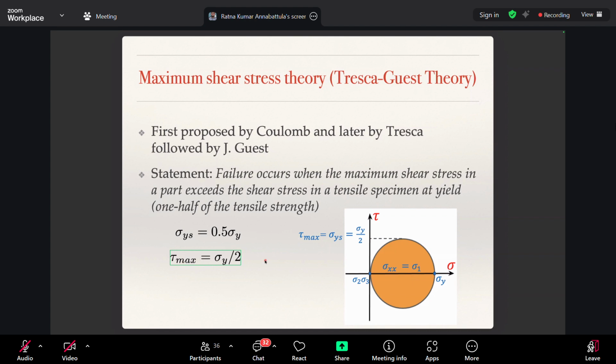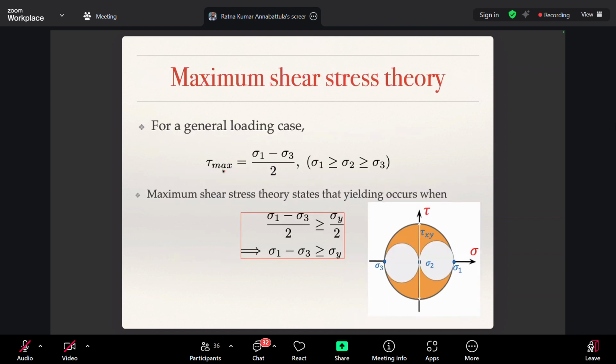In a 3D state of stress, when sigma 1 is greater than sigma 2 greater than sigma 3, tau max is sigma 1 minus sigma 3 by 2. Failure happens when sigma 1 minus sigma 3 is equal to sigma y, or when sigma 1 minus sigma 3 is greater than sigma y. As long as sigma 1 minus sigma 3 is less than sigma y, the material is safe.